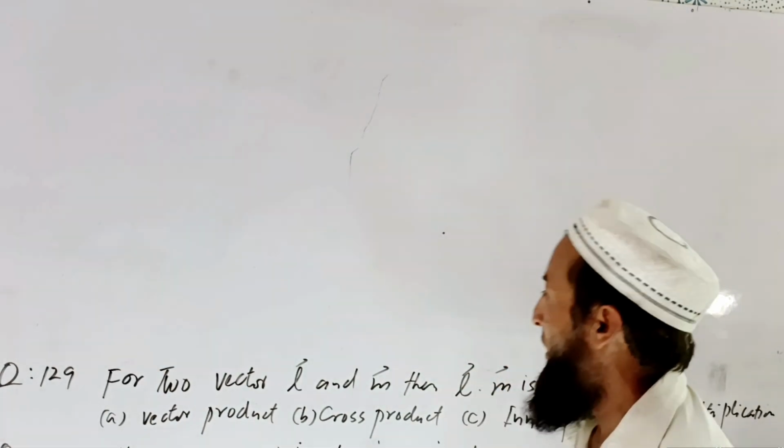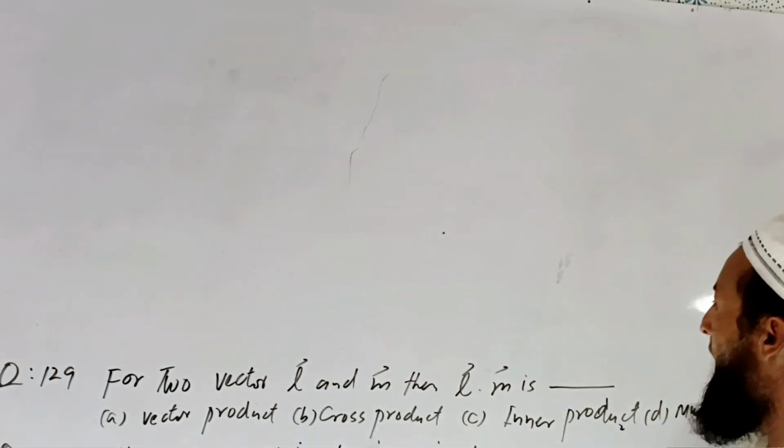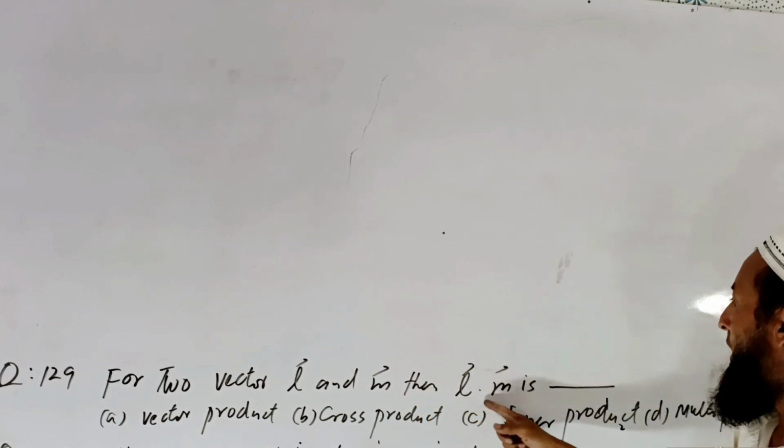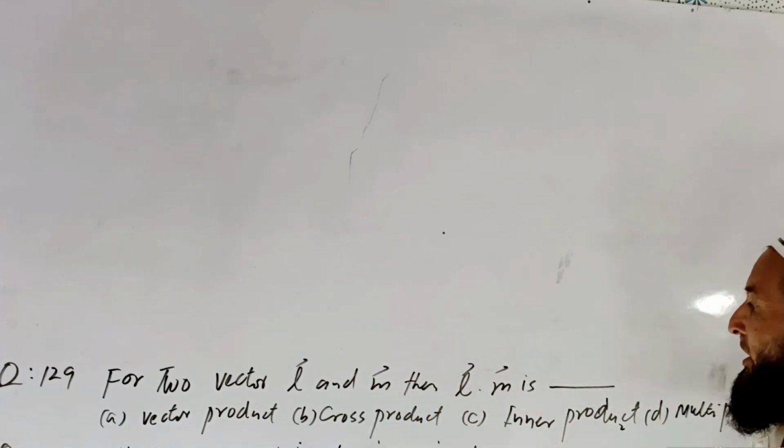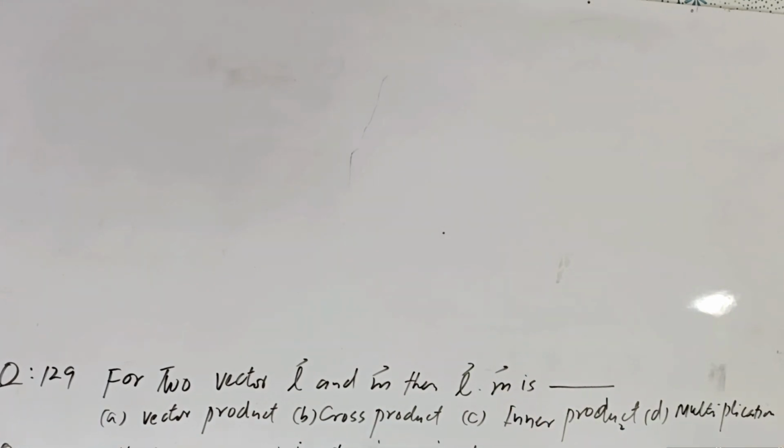Number 129: for two vectors L and M, L dot M is called the dot product or scalar product.